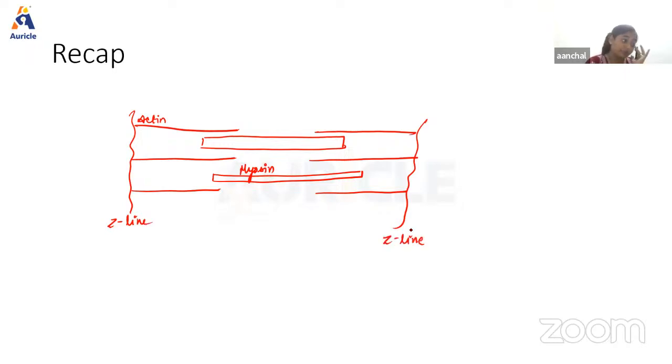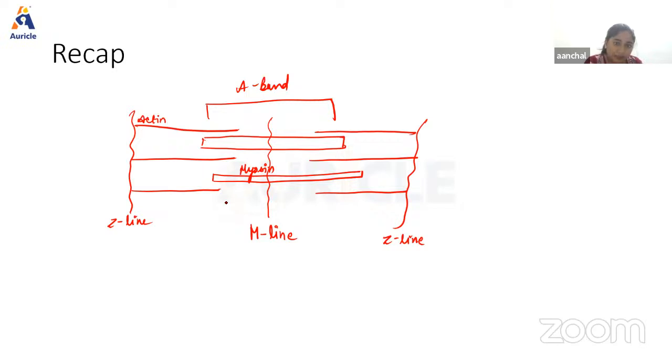And in the middle of the myosin, we have another line that is known as the M line. Okay. And here, starting from this to this whole zone is known as the A band.